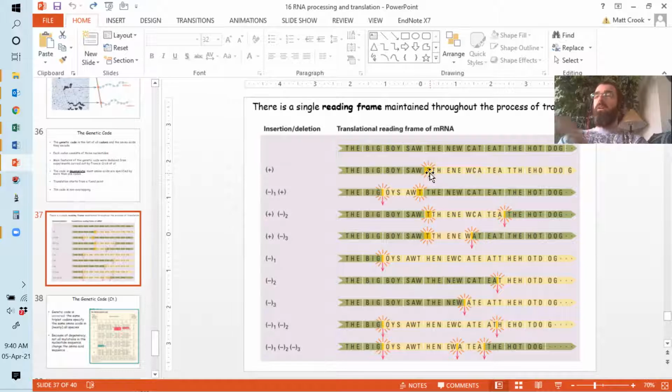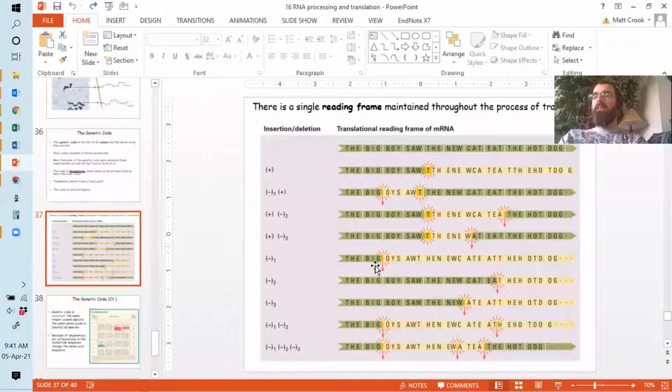And so if you add a single base, you essentially push the frame back by a letter. So you can see the existing one is here, the new one, whatever it is, eat the hot dog or whatever, right? But now, once you've added that base, we have another 3 letters. Now it's TTH. The next word is ENE. The next word is WCA, right?